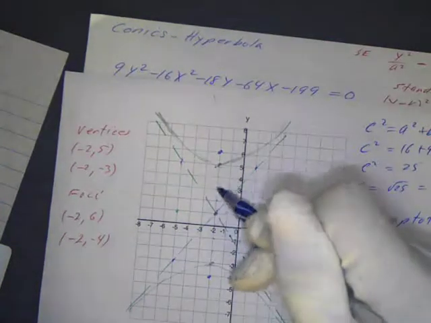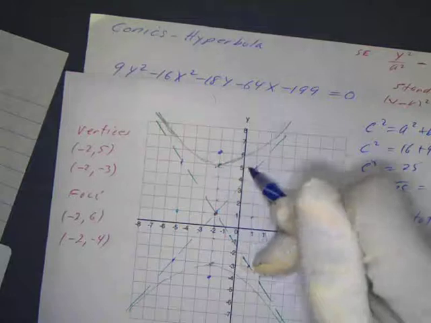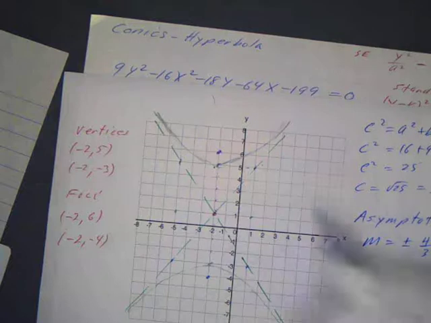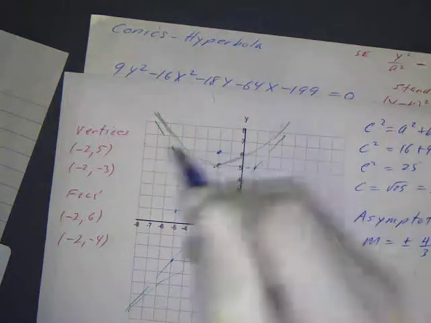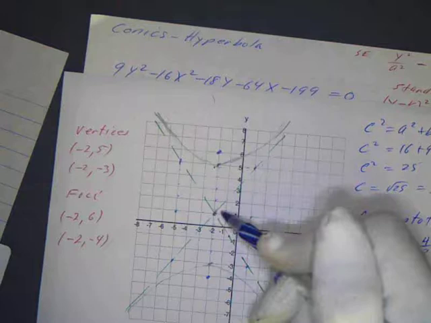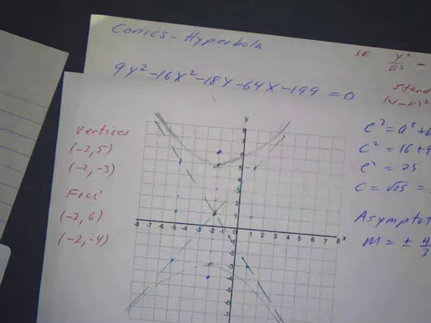I'm going to go up 1, 2, 3, 4 over 1, 2, 3. So m will equal plus or minus 4 over 3. Or I could say I'm going to go down 1, 2, 3, 4 over 3, or negative. So those are my slopes.